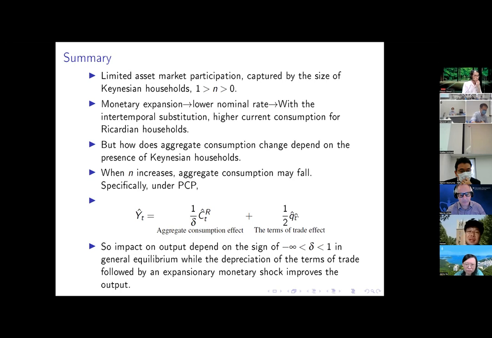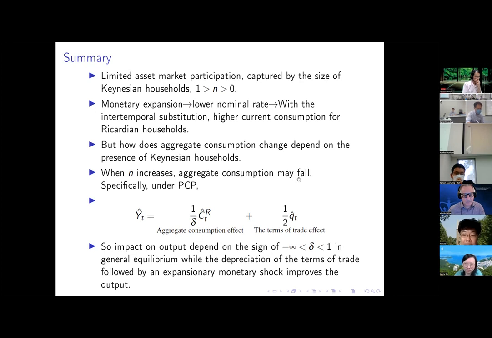So when there is an expansionary monetary policy shock, the terms of trade depreciates for that country, and it boosts somehow the production of that country. And because of this, we see always this positive relation between the terms of trade and output.